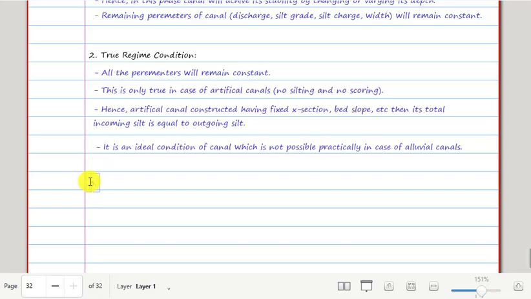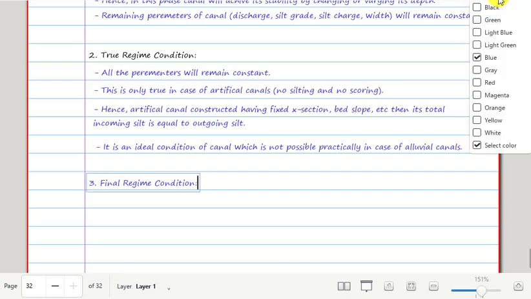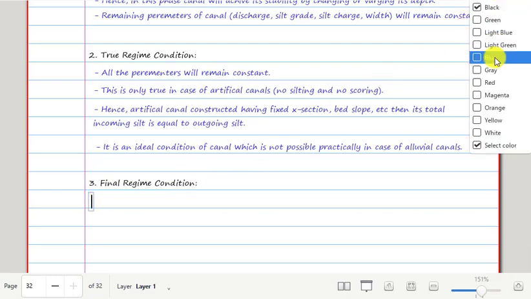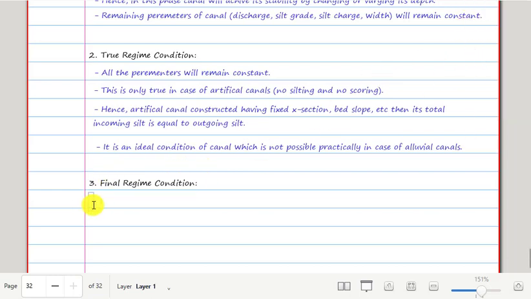Let's move to the third condition. Third condition is our final stage or final regime condition, okay. What are the important points we have discussed about the final regime condition?